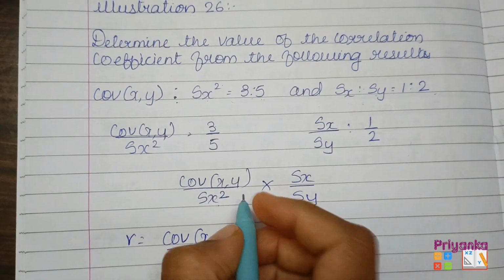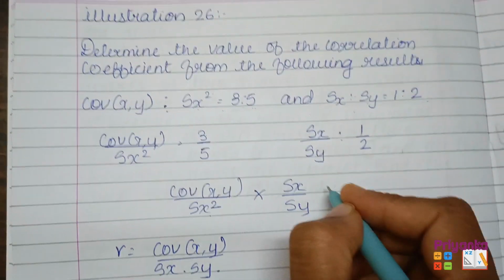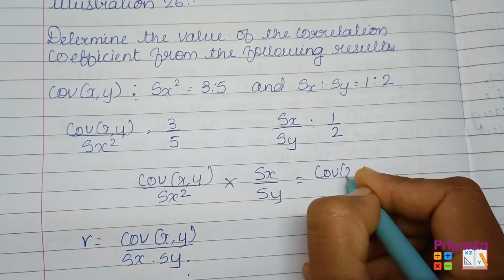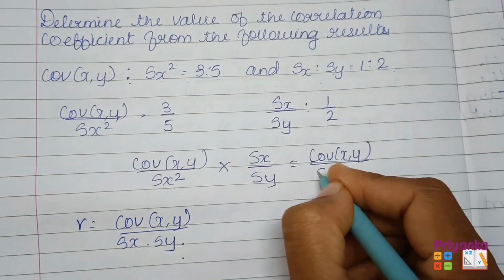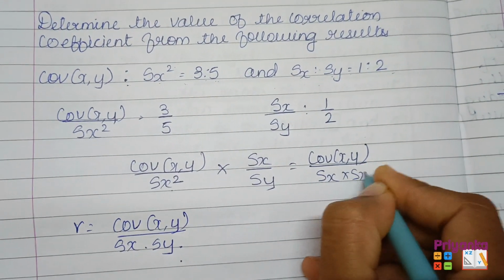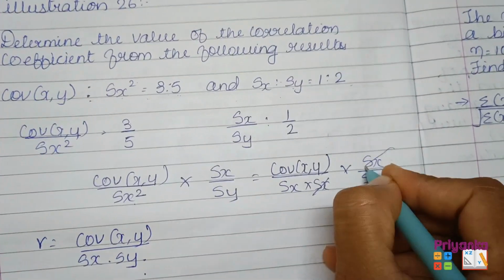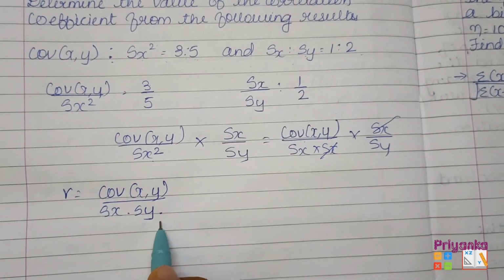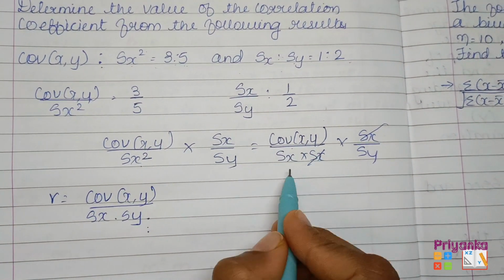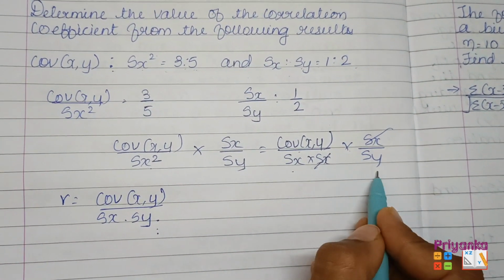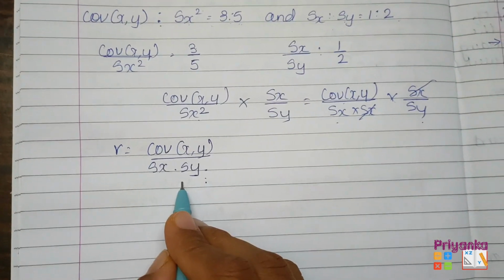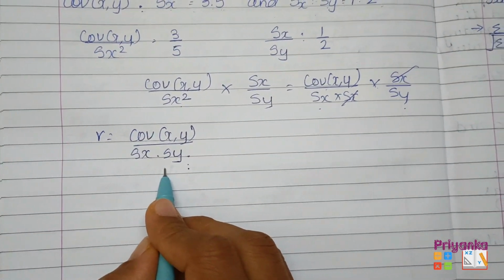If this is a square, then covariance xy upon sx square, and this is 2 times sx upon sy. So one sx will be cut, and it turns into the formula only, that is covariance xy upon sx into sy. This is exactly the formula it turned into.